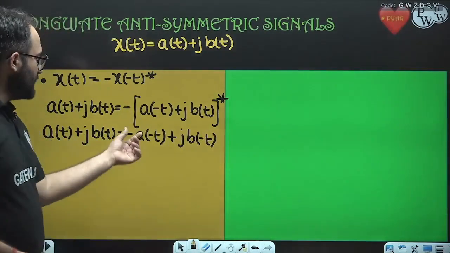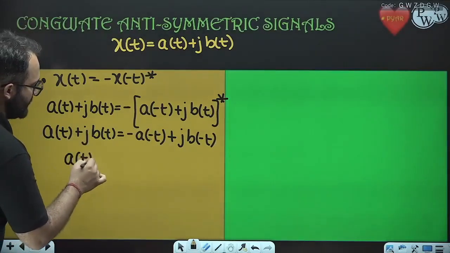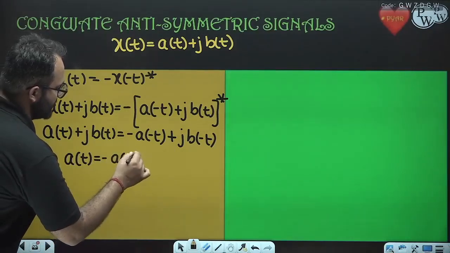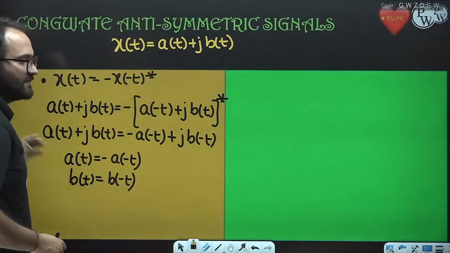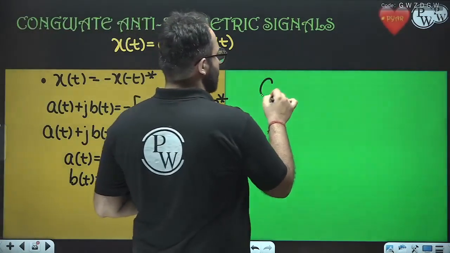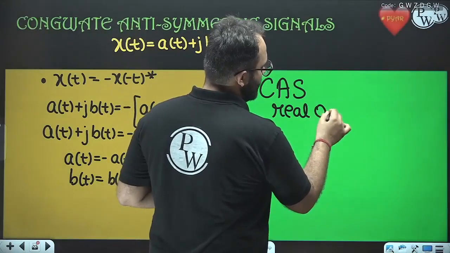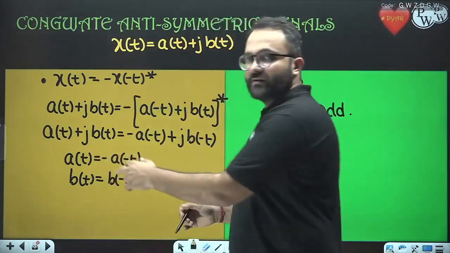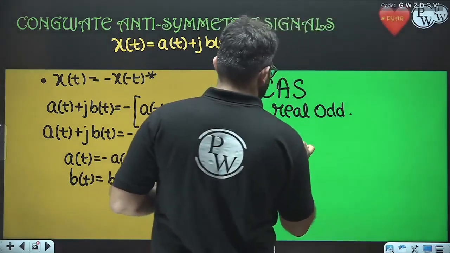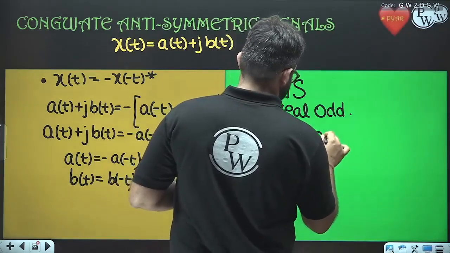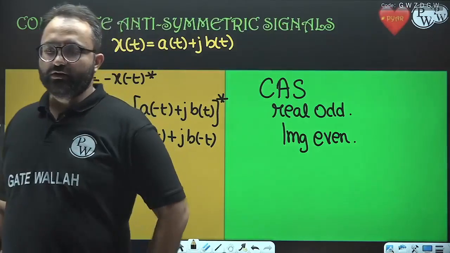Then we equate the real and imaginary parts. So we can see that a of t is minus a of minus t and b of t is equal to b of minus t. So in the case of conjugate anti-symmetric, the real part is odd and the imaginary part is even. I hope all of you are able to do this.